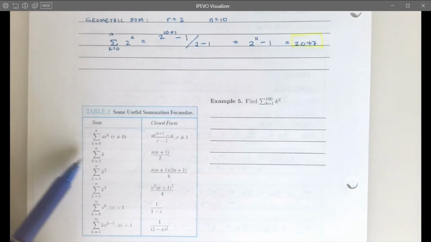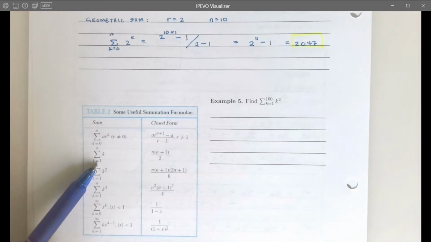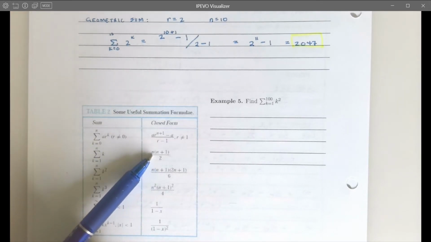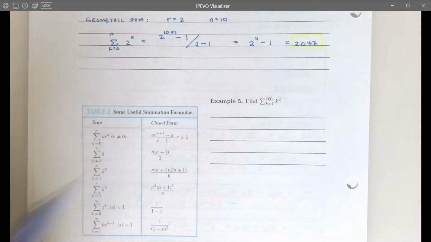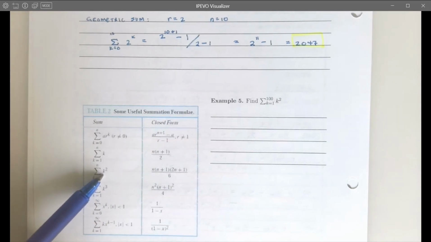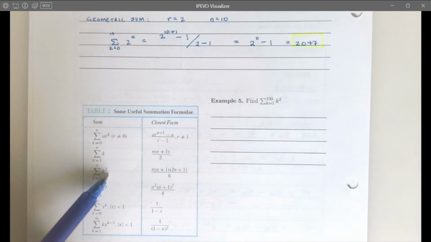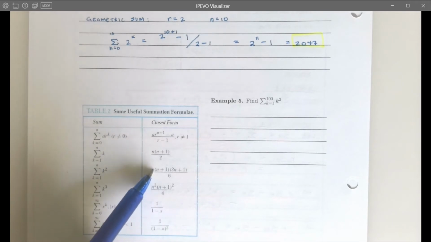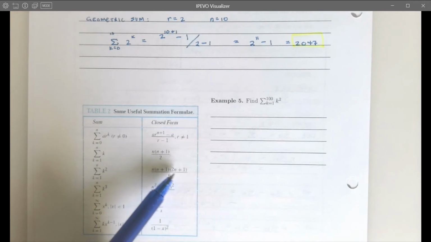Now, some other ones are the sum of the first n numbers. If you sum from k equals 1 to n of k, the result is always n times n plus 1 over 2. If you sum the first n squares, so 1 squared plus 2 squared all the way up to n squared, the result is going to be n times n plus 1 times 2n plus 1 divided by 6.